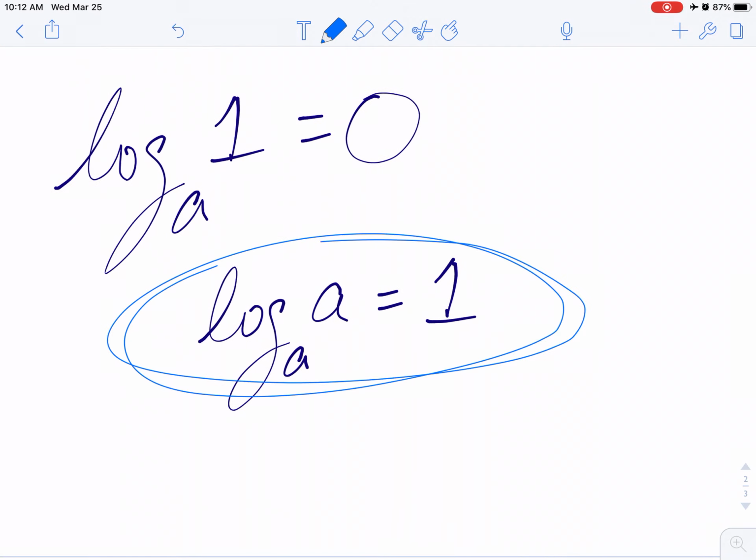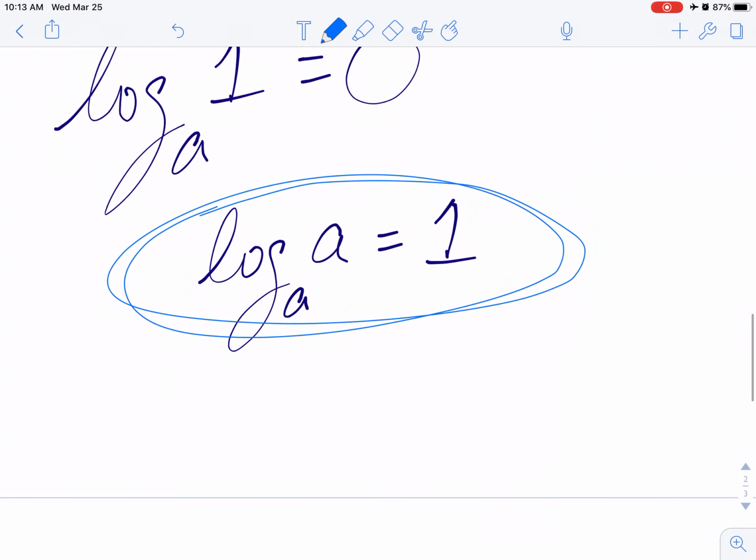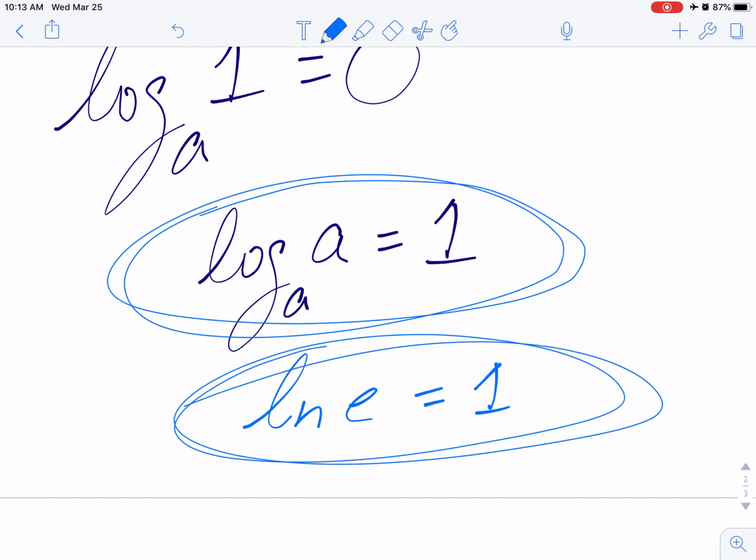Actually, the most common thing that shows up is ln of e. Well, remember the base of ln is e, so the ln of e is equal to 1. Again, I'm just trying to give you a warning. That one comes up a lot. ln of e is equal to 1.